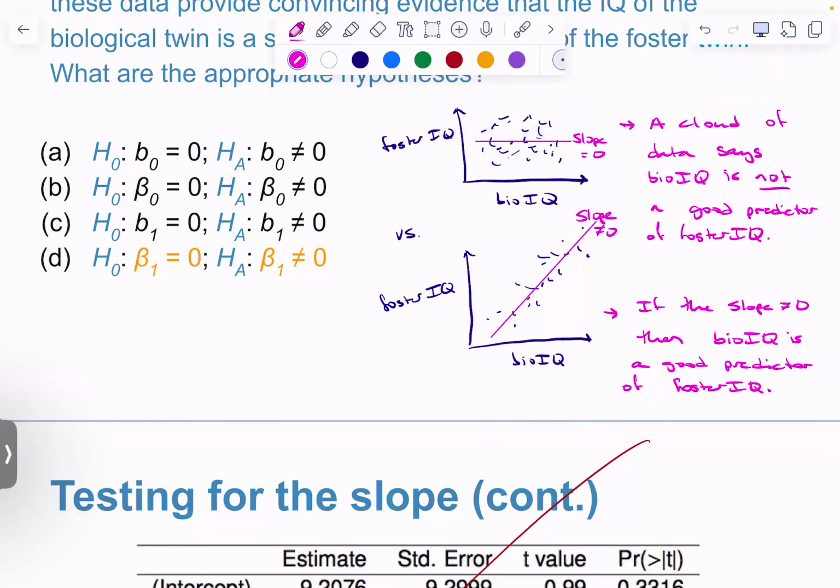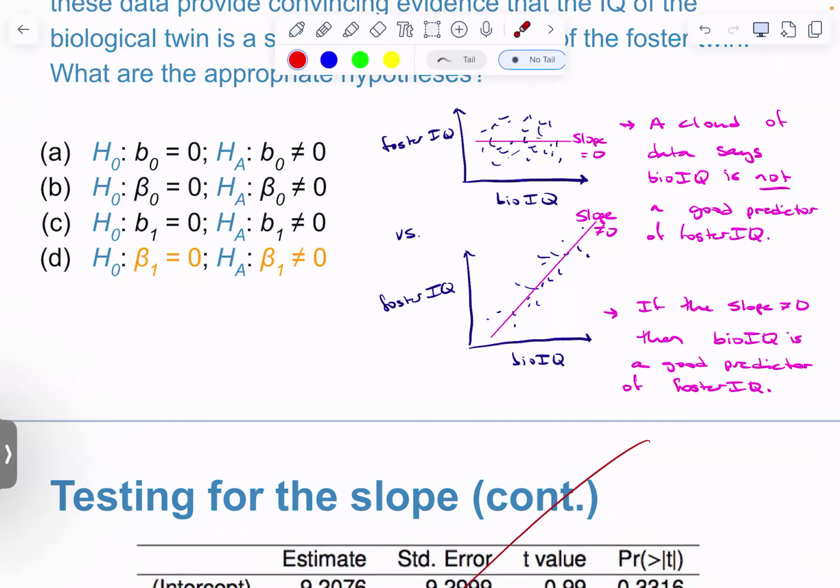Drawing on what we know about hypothesis testing, right? Hypothesis testing has to be about parameters, right? It has to be about the population, because you can find out whatever you want to find out about the sample. It's right there. You can just find it, right? And it's final.